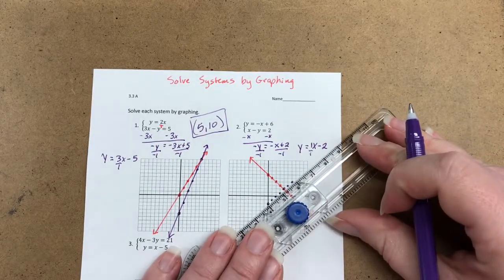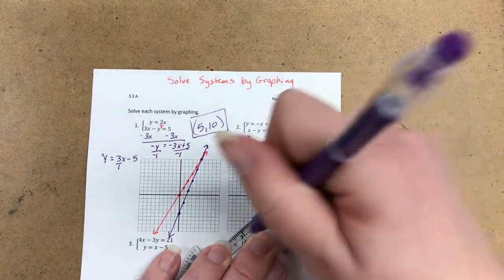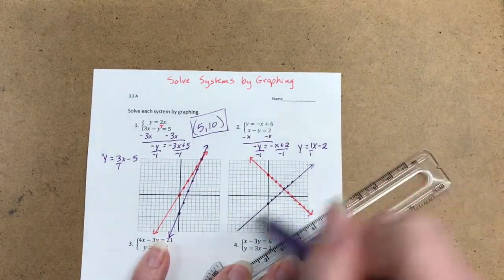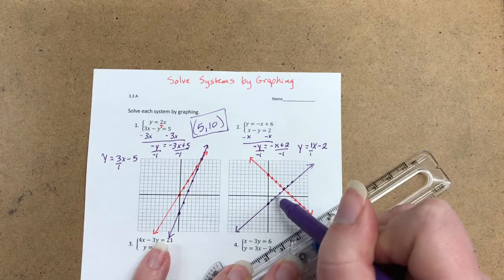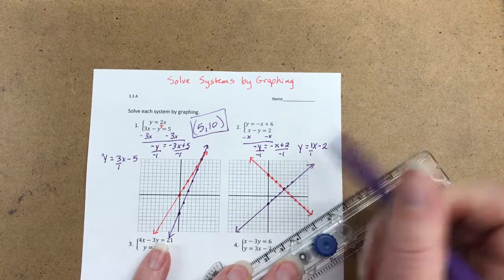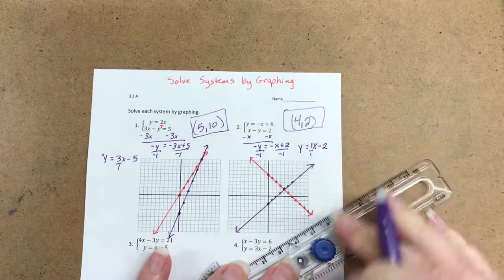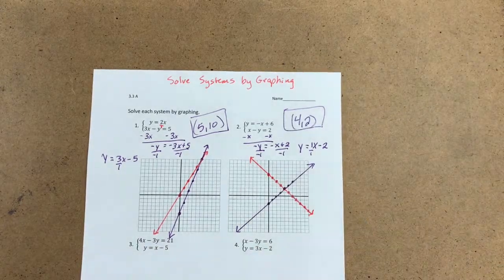The point where both lines cross is the point (4, 2). So my answer would be (4, 2).